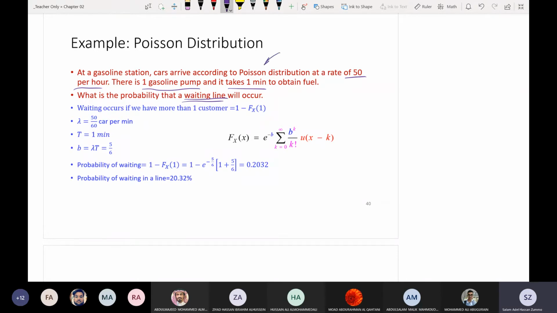First, the question already gave me the distribution, so step number 1 is done: Poisson. Step number 2, I need to find the parameters of Poisson.